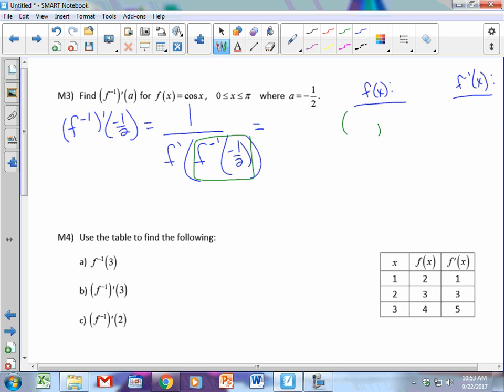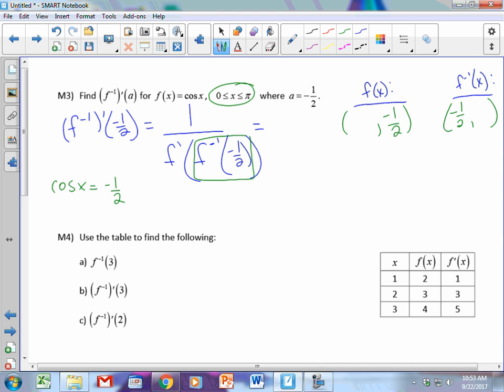Well, that means when x is negative 1/2 on the inverse, which means when y is negative 1/2 on the function. So when does cosine equal negative 1/2? 4 pi over 3. And we're restricted on our domain.